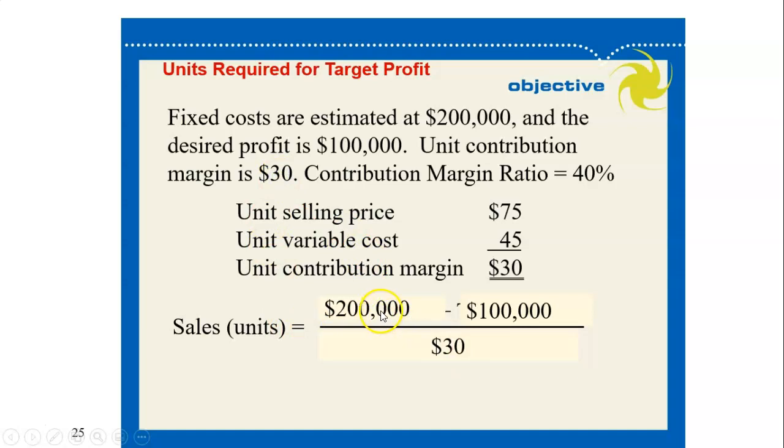Okay, so we have 200,000 plus 100,000, that's 300,000 in the numerator, $30 in the denominator, and so 300,000 divided by 30 is 10,000 units. We need to sell 10,000 units to reach our target profit.